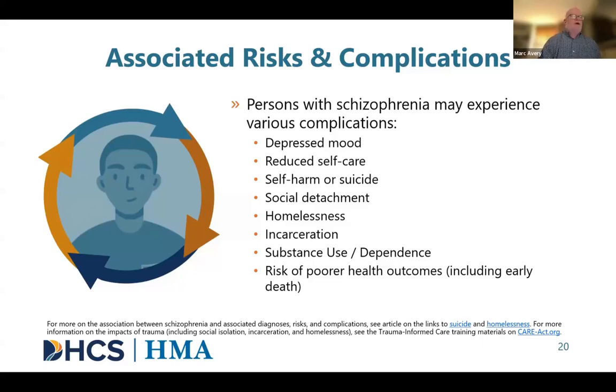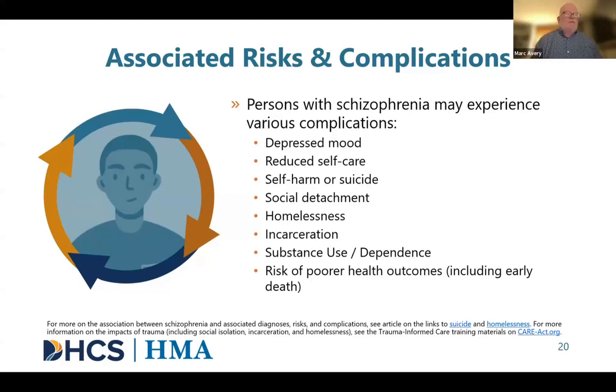Homelessness is unfortunately also a common complication of this condition. Consider that 30% of the approximately 500,000 unhoused individuals in the United States reside in California, and 25% of those individuals are living with a serious mental illness.